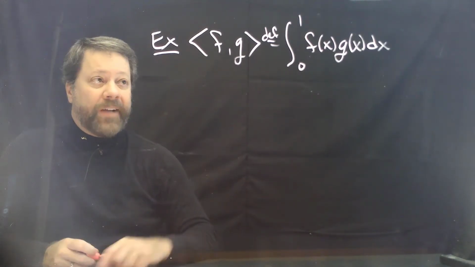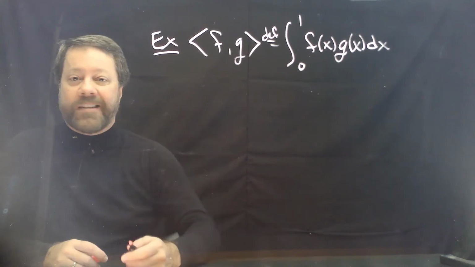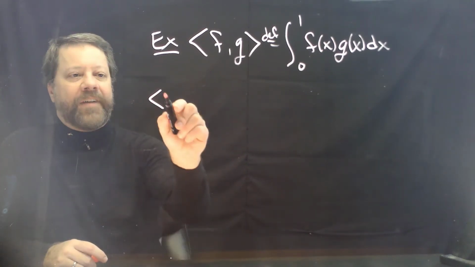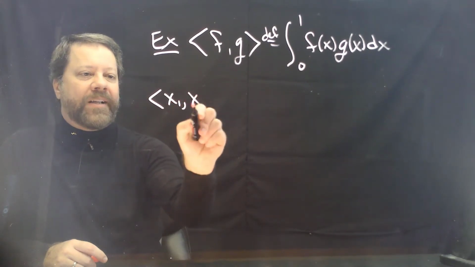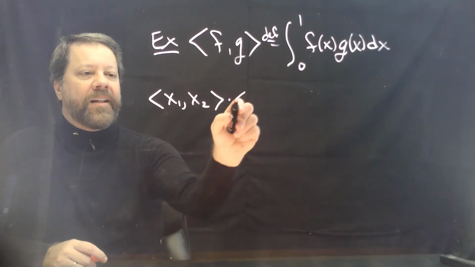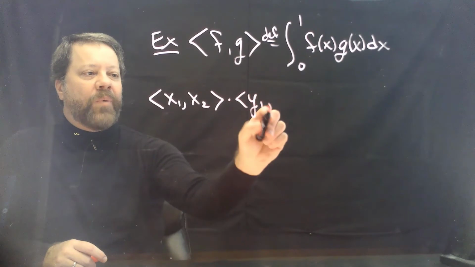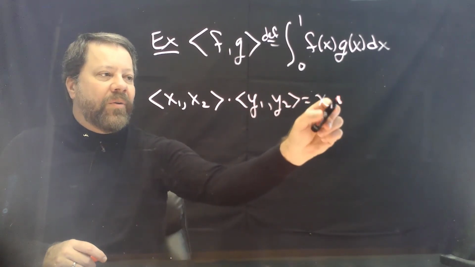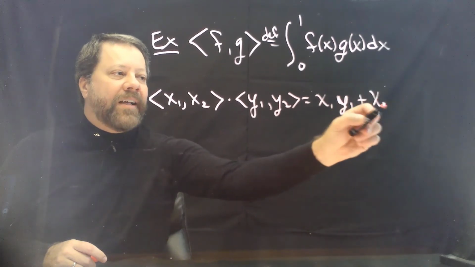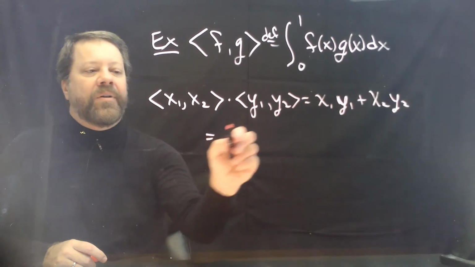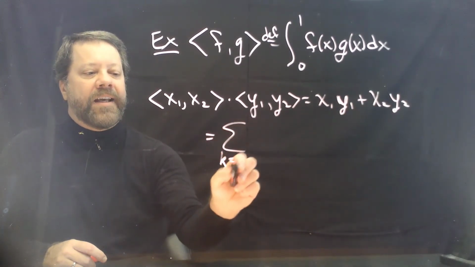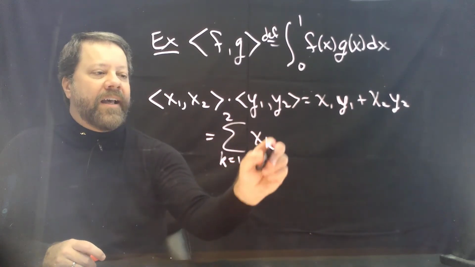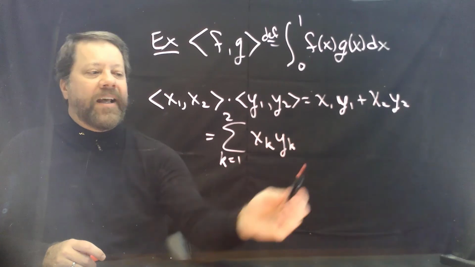I should also point out the similarity between this inner product and the Euclidean dot product. Recall that if I have x1, x2, and I'm dotting that with y1, y2, that's x1 y1 plus x2 y2, or a sum, in this case as k goes from 1 to 2, of xk yk.